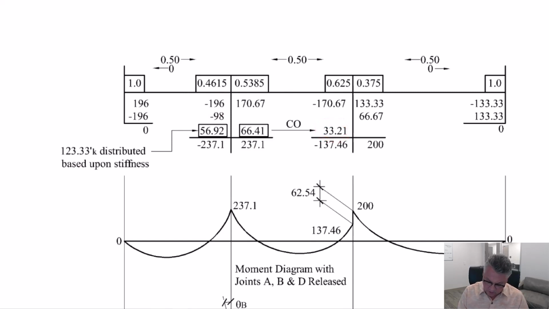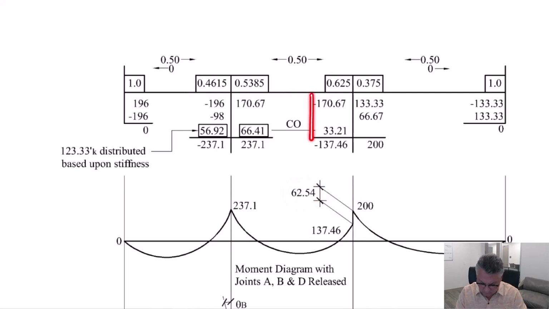Okay, so now I've added these up, and I've added these up, and I'm showing you that that's our unbalanced moment condition. We are unbalanced. That joint is unbalanced by 62.54 foot kips.